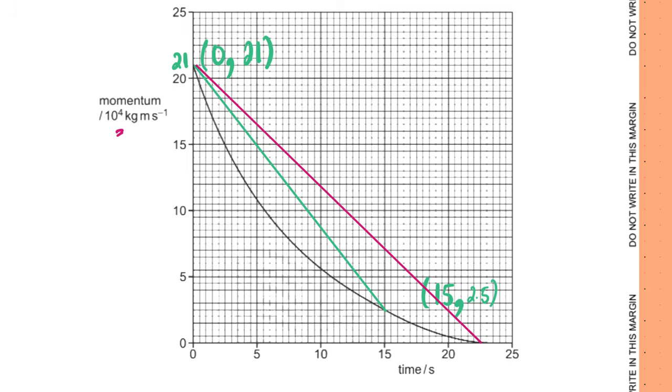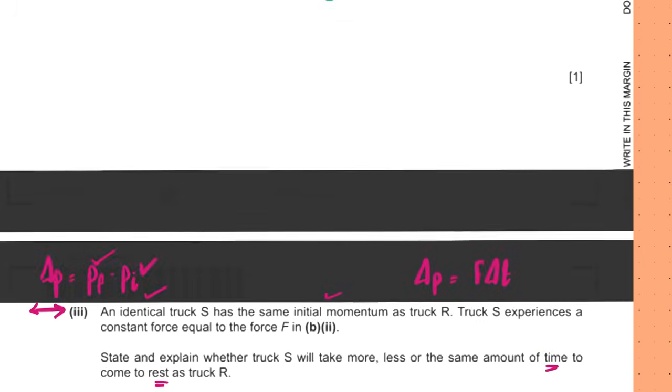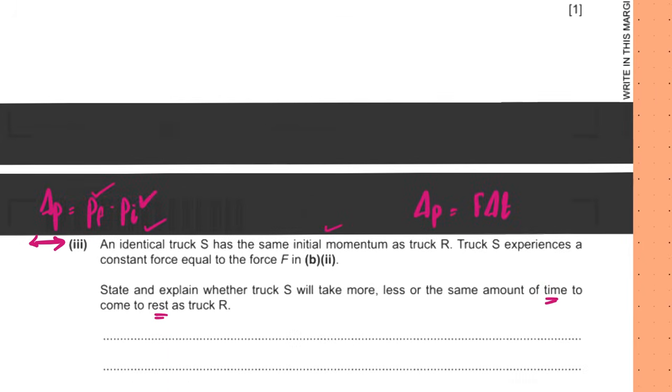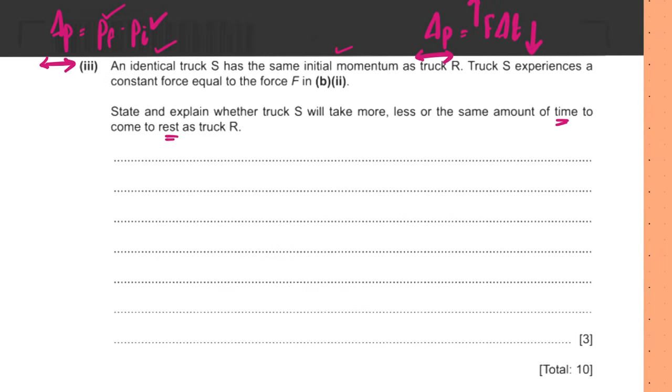All right. So when I think about this equation, and right now I'm talking about S, delta P is the same. For S, the force is more, so the time taken would be less. This is the entire reasoning for this part. So I'll say this: the change of momentum is the same for both.